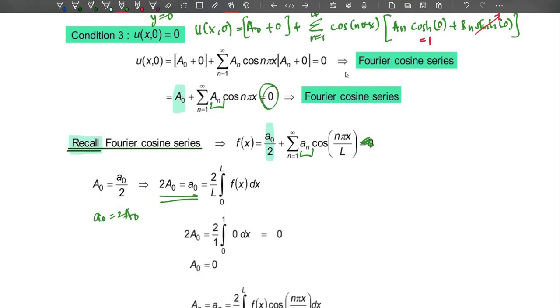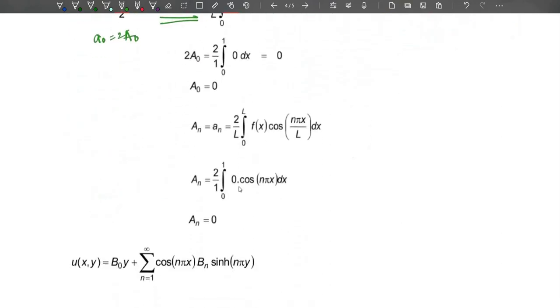So we integrate 0 cos n pi x with respect to x. This one is the same as 2 integrate 0 to 1, 0 dx. Since when we integrate 0, we will have a constant, when we substitute the upper boundary minus lower boundary, it will be constant minus constant, which means it is still equal to 0.